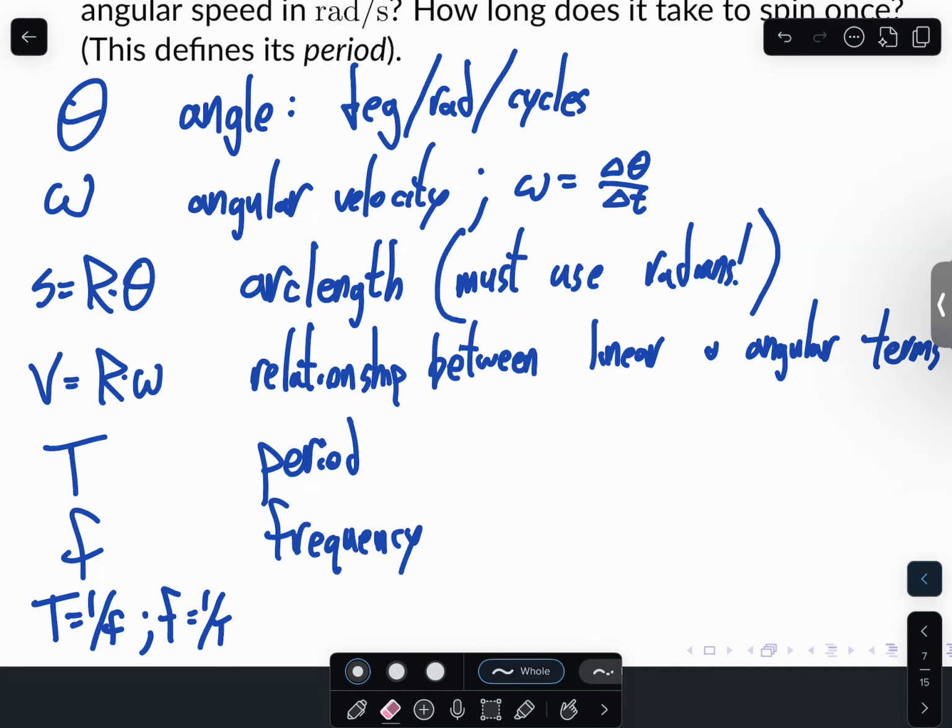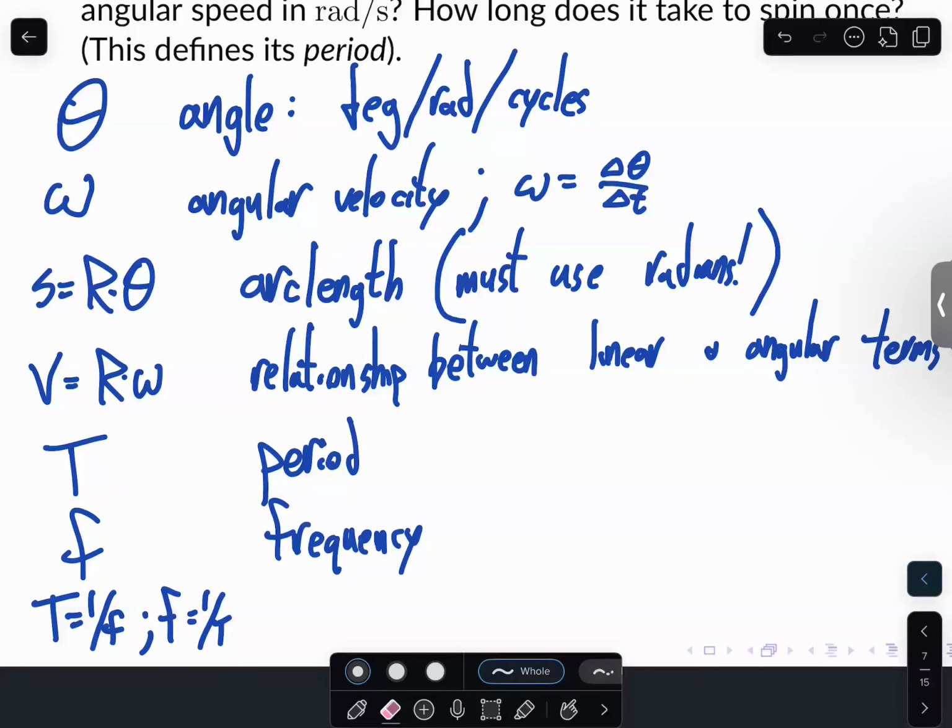Ah, but if we're going in a straight line, do we have a radius? Do we have radians per second if we're going in a straight line? What would it mean to have a radius of a straight line? We can talk about something that turns as it goes straight.